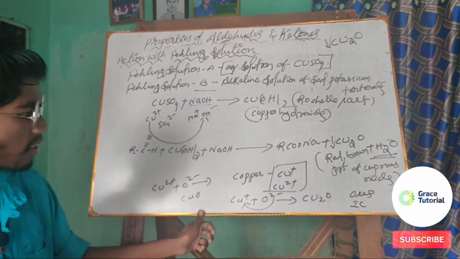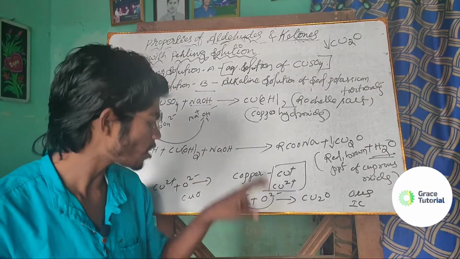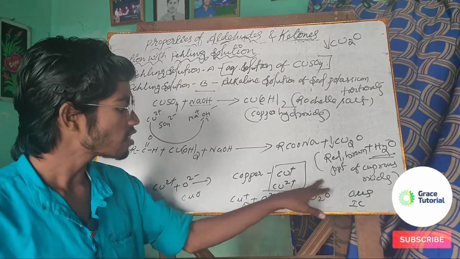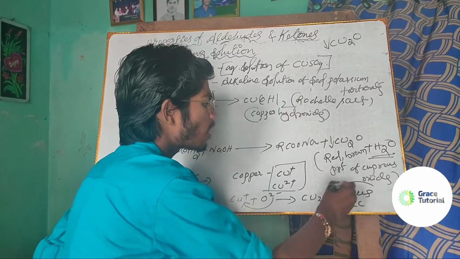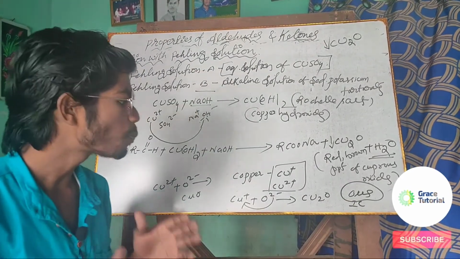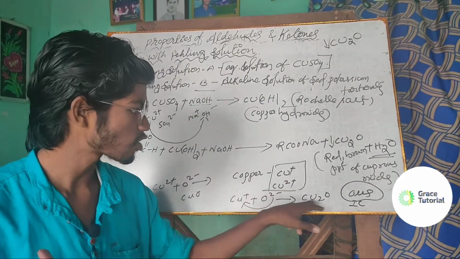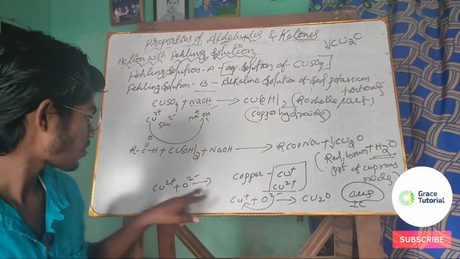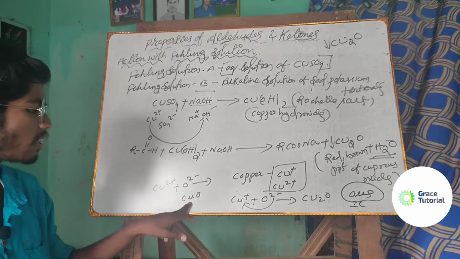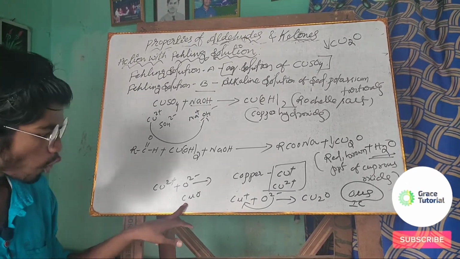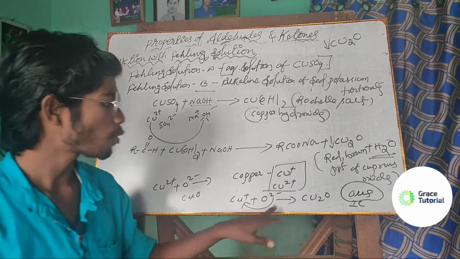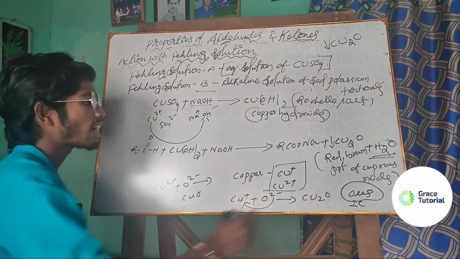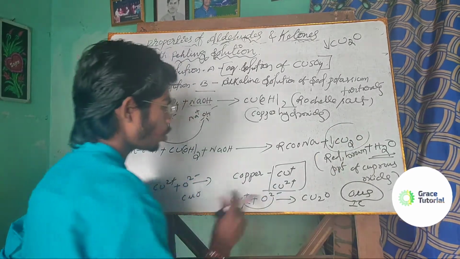Since Cu+ reacts with O2- to give Cu2O, this is called cuprous oxide. Similarly, Cu2+ reacts with O2- to give CuO, which is cupric oxide. So cupric oxide means CuO and cuprous oxide means Cu2O. This is to make you very clear regarding the name of Cu2O.